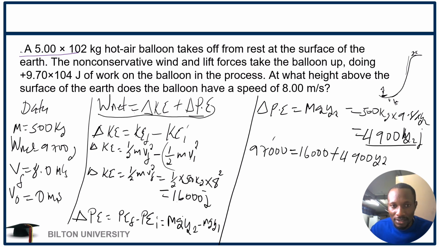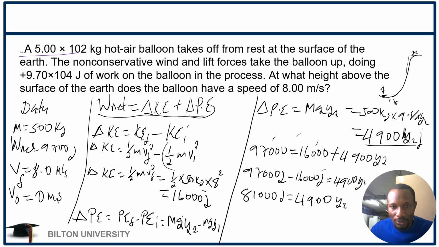This one and this one are the same, so we can take this to the left-hand side and say 97,000 joules minus 16,000 joules is equal to 4,900 y2, and on the left-hand side we are going to remain with 81,000.